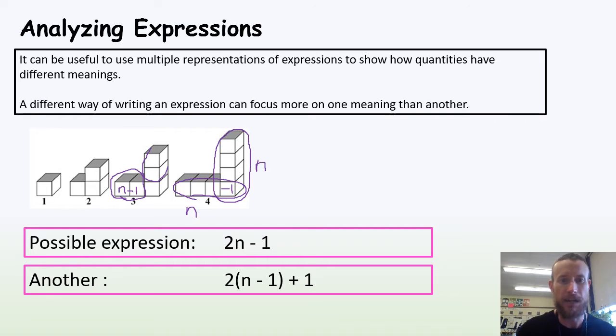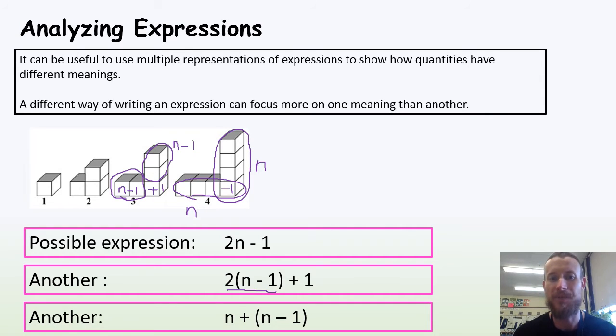I have those same blocks here, so this would be n minus 1. So you can see in this first part of my expression, 2 times n minus 1 shows us those 2 sets of 2 blocks. And then the corner would be counted as plus 1 because we haven't counted it yet. So it needs to be counted. This expression is equivalent to the first one. We can show how it's equivalent, but it's just really a different way of seeing the pattern and seeing the counting.